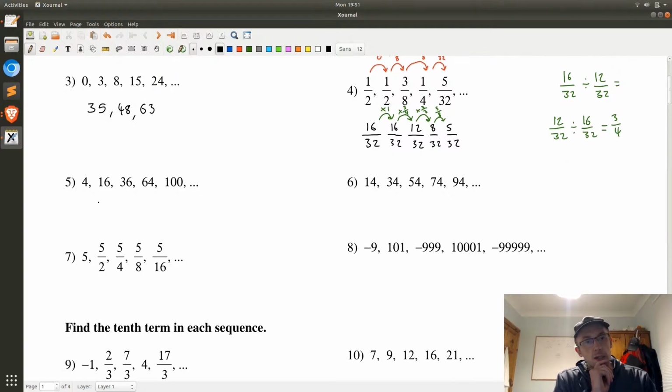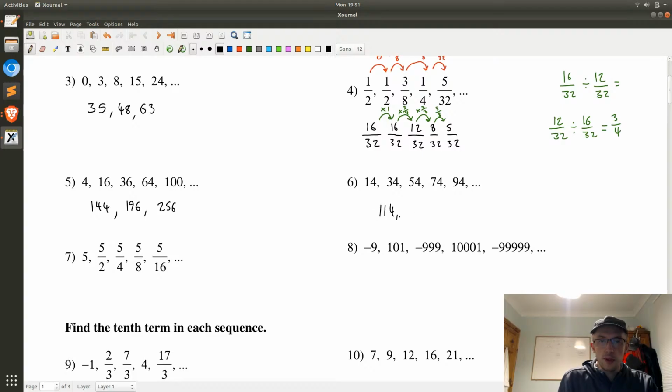Okay, next one. Oh, these are the even squares. 2 squared, 4 squared, 6 squared, 8 squared, 10 squared. So next comes 12 squared, 14 squared, and 16 squared. Gotcha. This, I'm just adding on 20 each time.